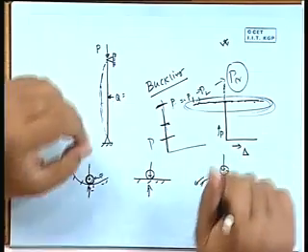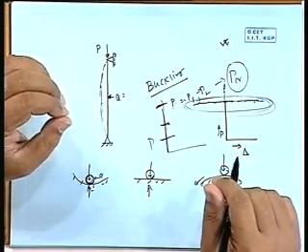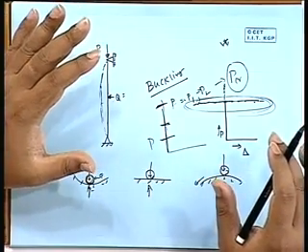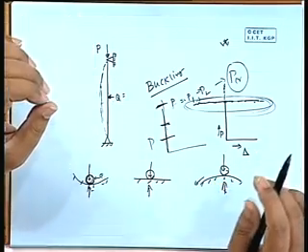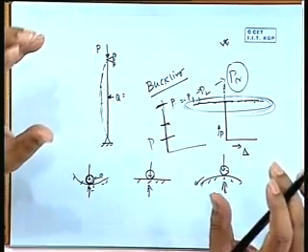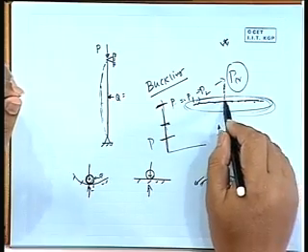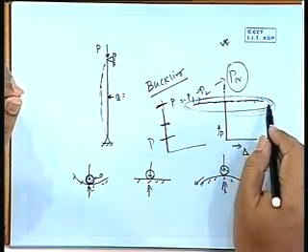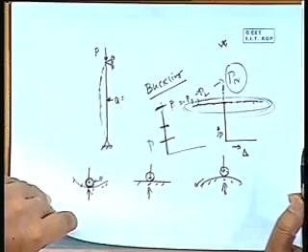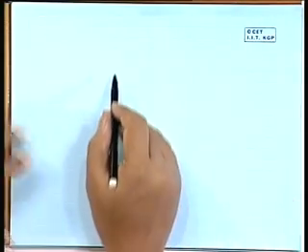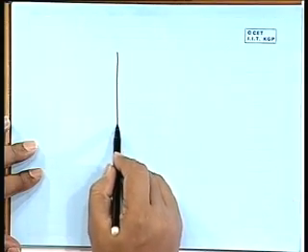Now whatever I have drawn is a very theoretical case, right. In the actual case, the phenomenon will be a little different. Here it will go straight away and it will be something like this. If we draw the actual load deflection curve, it will be something like this.